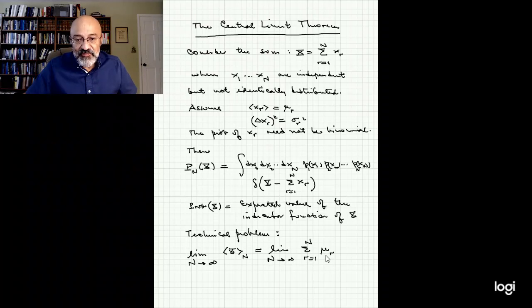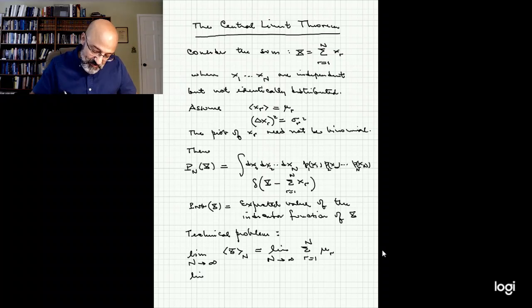So, technical problem. For important physical probability distributions such as binomials, this limit does not exist.